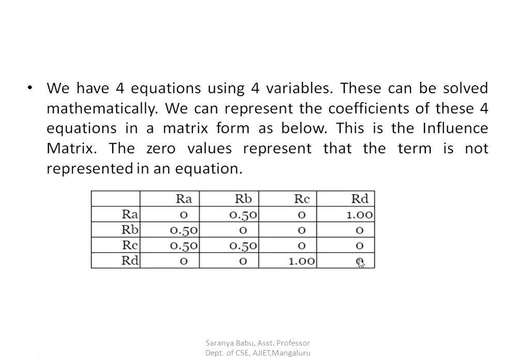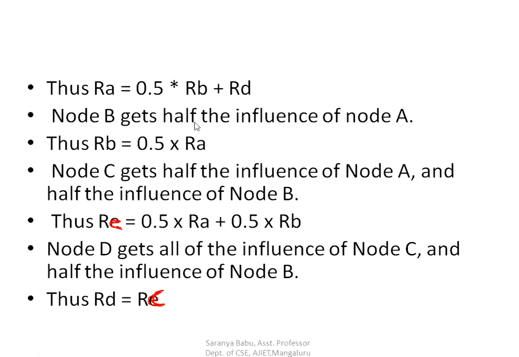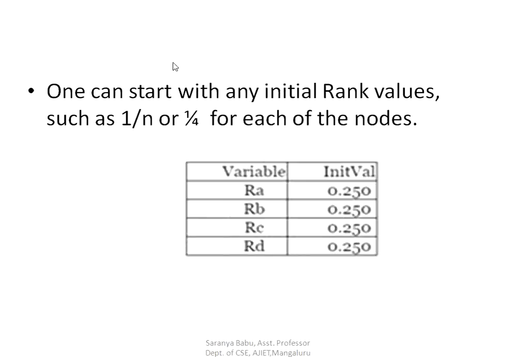So this is how you are going to make the matrix. First you need to form these equations by checking which are the incoming links to that node. Check whether those incoming links are divided into half, or into 3 or 4. If 3 links are there, you have to divide like that. Now one can start with any initial rank values, for example 1 by n.